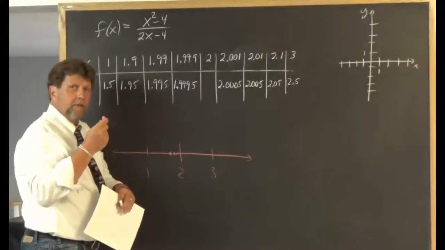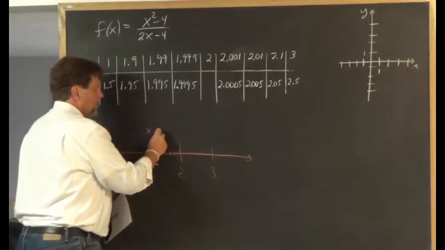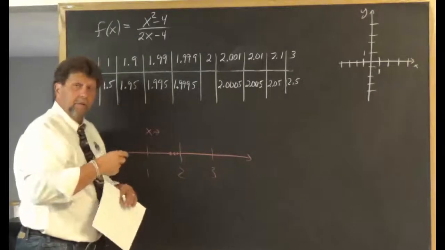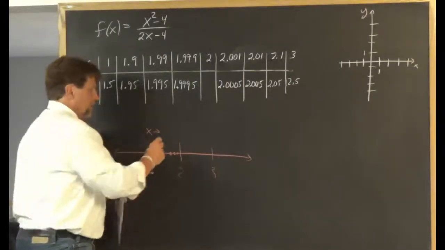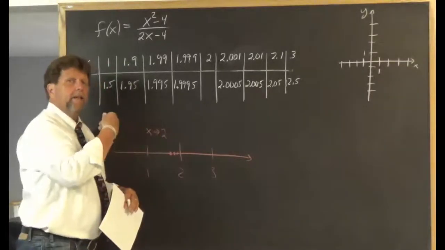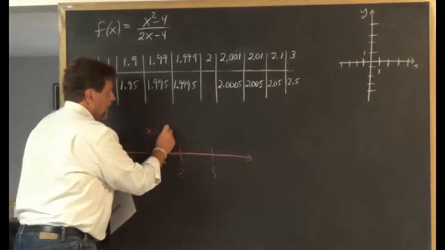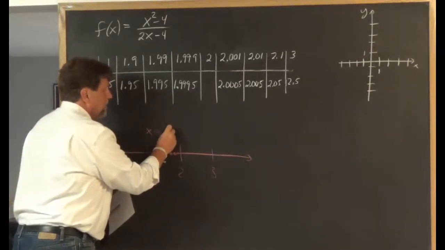So I want to introduce notation for that. x, that arrow means is approaching or is getting close to 2. And now to communicate that we're approaching 2 from the left side of 2, I'm going to put a little negative sign in what looks like an exponent position.